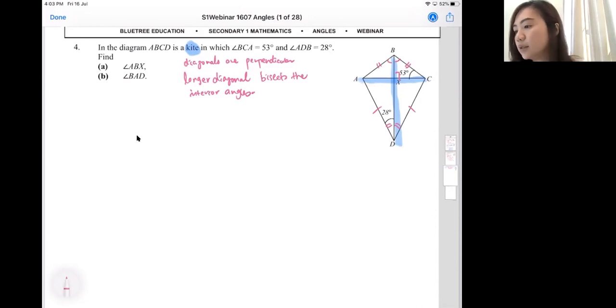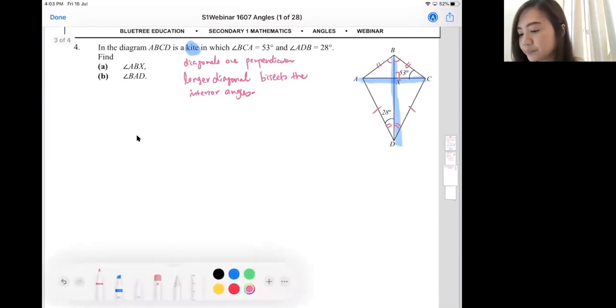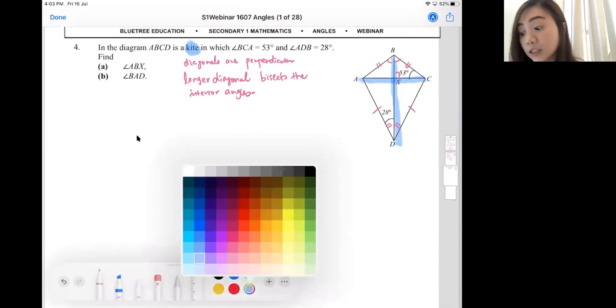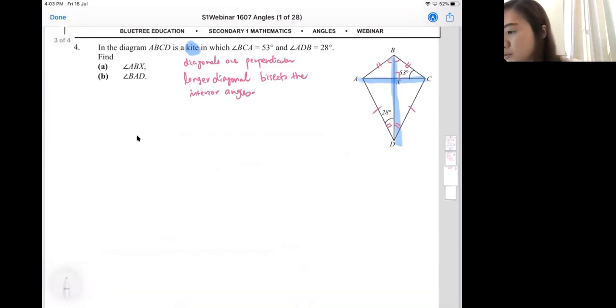ABX, this angle here. Maybe I highlight in another color. I use blue. ABX, this one. To find this angle, you can actually find the angle CBX first, because CBX is equal to ABX.